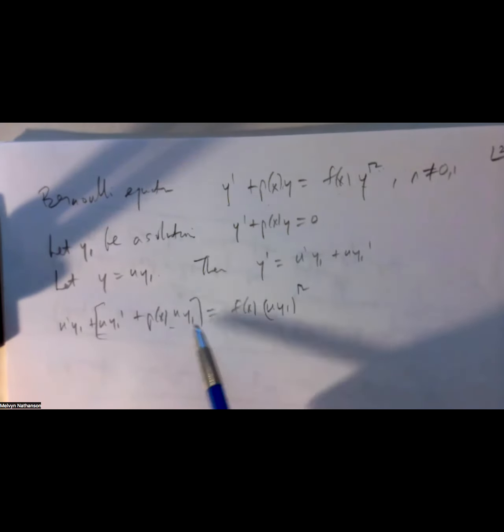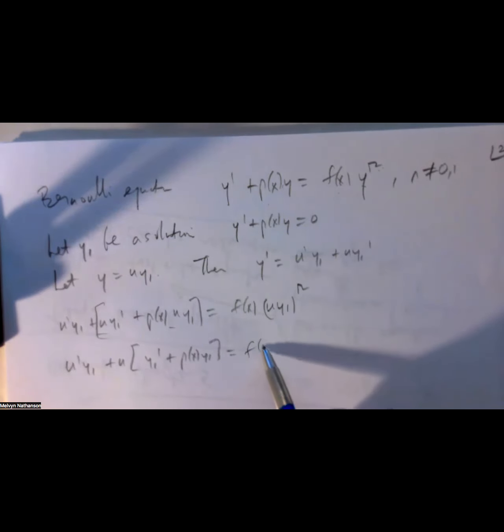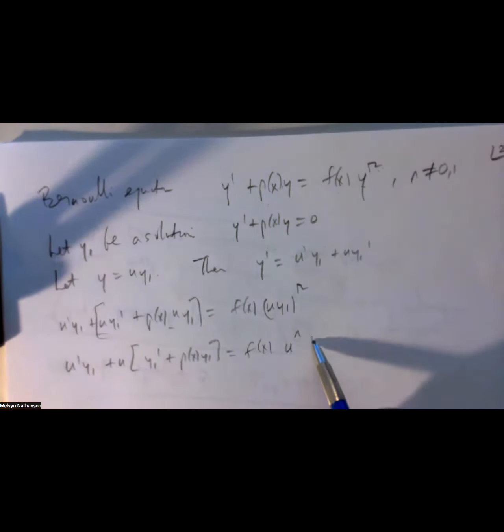So if I factor the u out of these two terms, I get u prime y1 plus u times (y1 prime plus p of x y1) equals f of x u to the r y1 to the r.